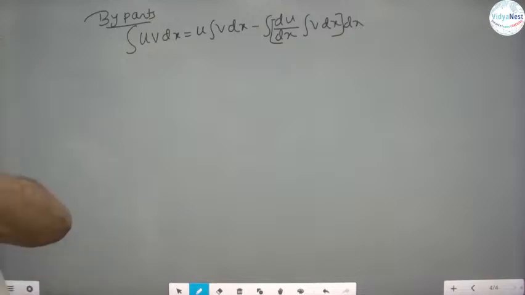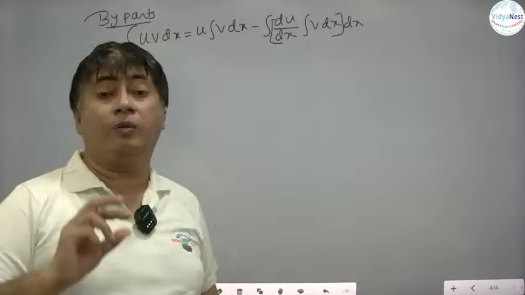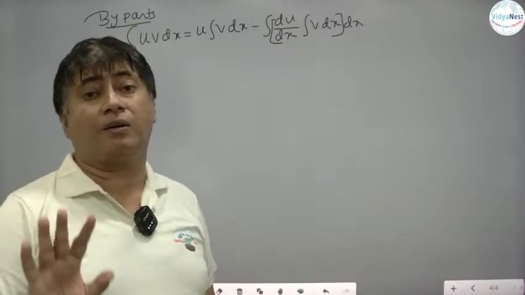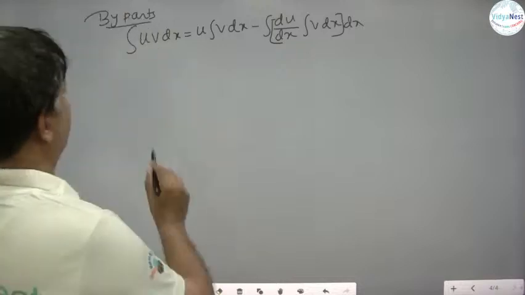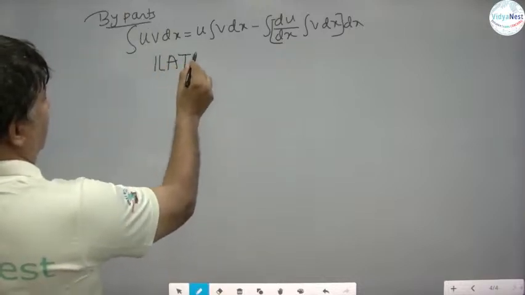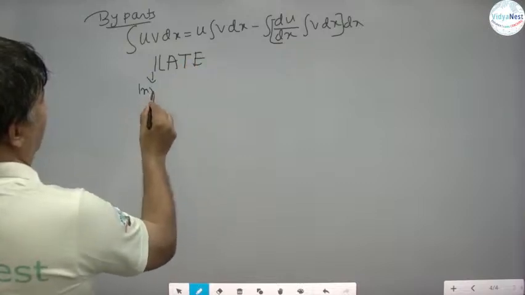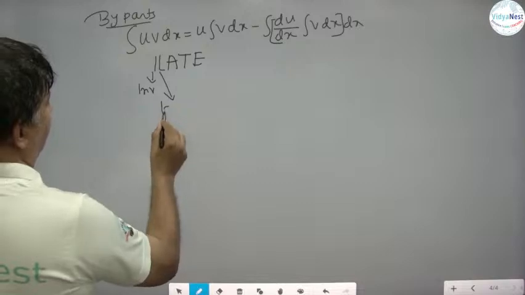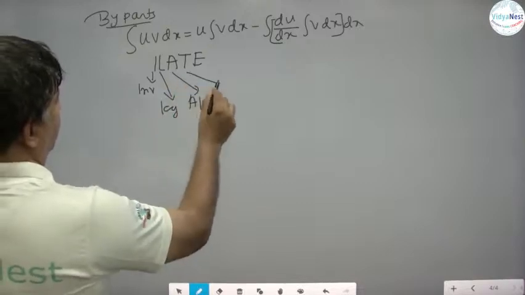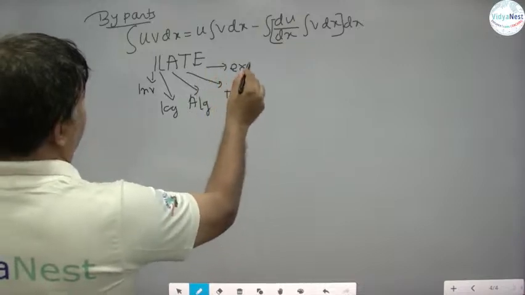Now the question is, if product of two functions is given, which part will be considered as u and which part will be considered as v? To recognize the u and v, we have to follow ILATE, where I stands for inverse, L for log, A for algebra, T for trigo, E for exponential.